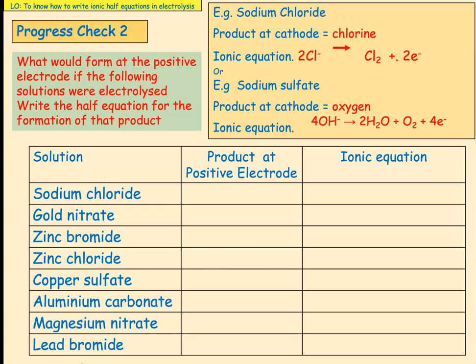So what I want us to do is predict what will happen at the positive electrode, the anode, and then write the ionic equation. Pause the video now and come back when you have got the products and the ionic equations for each of the solutions.